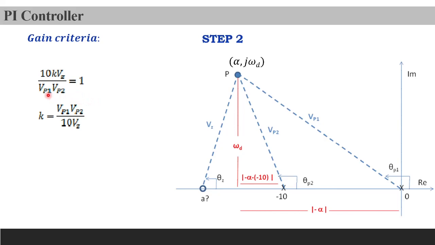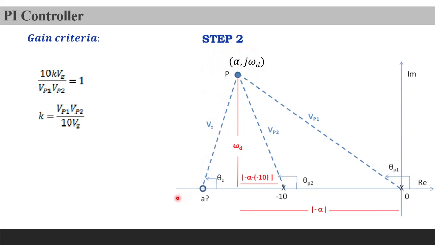So you can find the value of k by solving it for k, and now you want the values of p1, p2, and pz, and these are the magnitudes. Okay, and you can find the values using the distance formula, right? So we know the y-axis values of these points are 0, 0, 0, and these are actually the abscissas. And for the design point, we have the complete location of the pole.